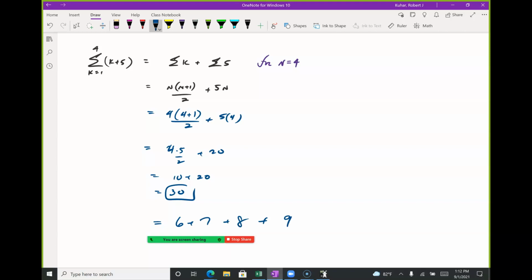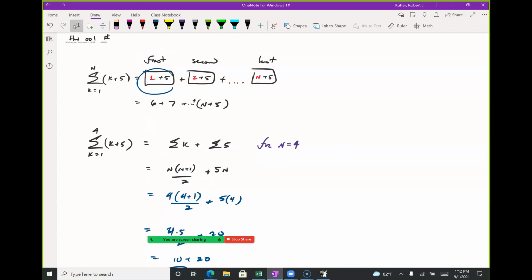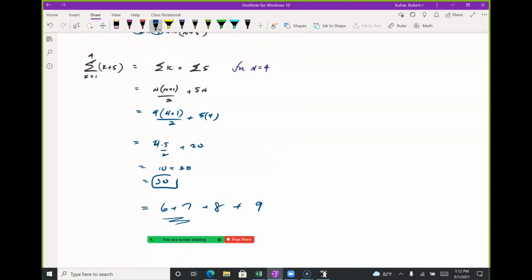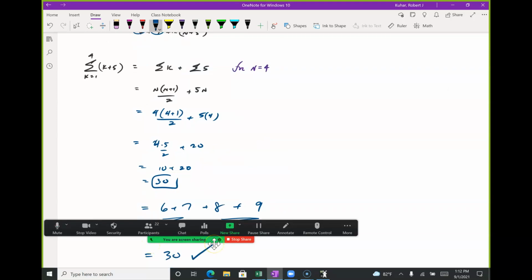Remember, I had done them up here. The first term was 6, second term is 7. I can see the next term already, 8 and then 9. And of course, what do these add up to? Well, it's 13 and 17. Guess what? It's 30, right? So these special series allow me to do these sums a lot quicker than adding up term by term. I could just jump to the last term.